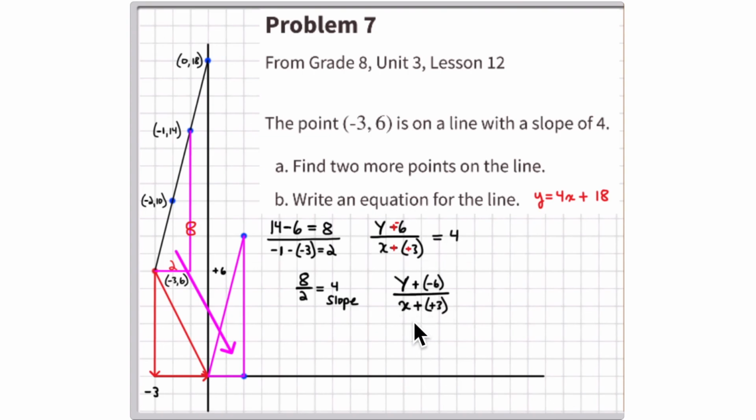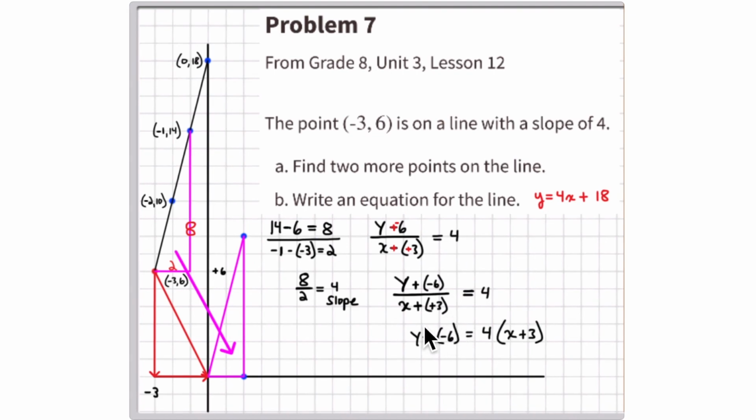So this tells you that the length along the y-axis, y plus -6, is going to be 4 times the length along the x-axis, x plus 3, because the slope is 4. So this length along the y-axis is 4 times this length right here along the x-axis.